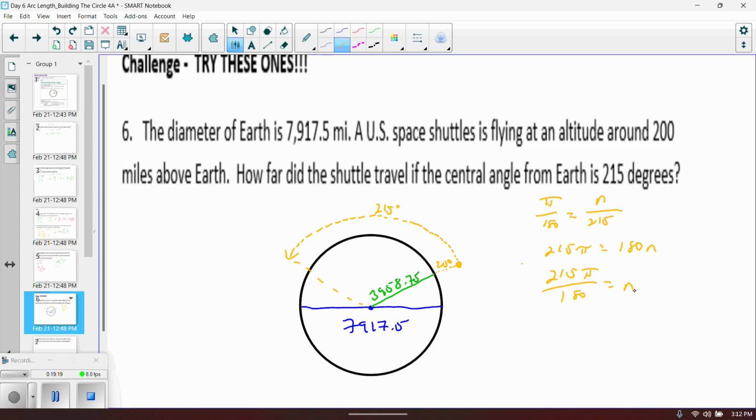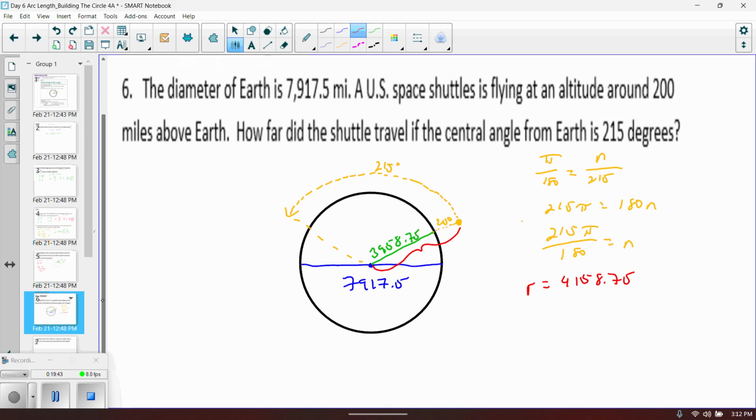Now the radius, remember, is the radius all the way out to the shuttle, so it's this whole thing here added up. So 3,958.75 plus another 200 would give us a radius measure of 4,158.75.